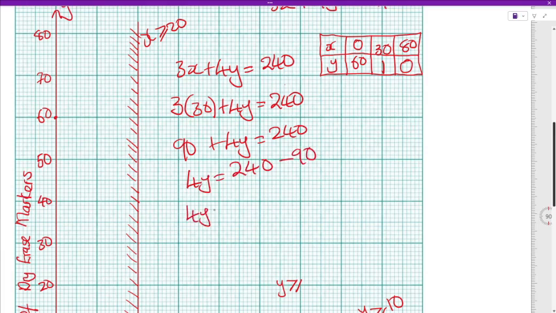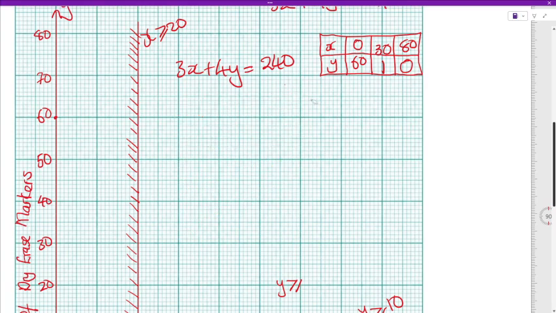So 240 minus 90, that gives me 150. Since we have to divide by 4 there, we're looking for a number that should be exactly divisible by 4. When you subtract those values, you're getting 150, and 4 can't go into 150, so we can change that value again. Let us test for something else.